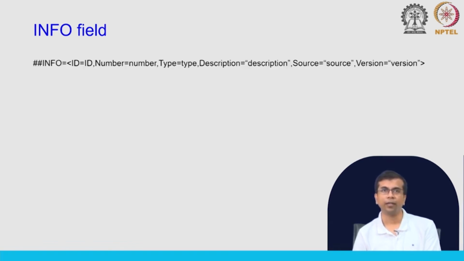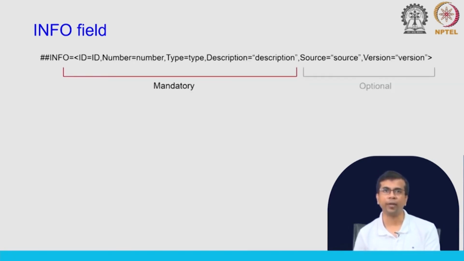It will look something like this. It will start with double hash INFO equals ID equals ID, Number equals number, Type, Description, Source and Version. This is how the INFO field will look. The first part is mandatory: the ID, Number, Type and Description should be there, and the Source and Version part is optional, they might not be there.